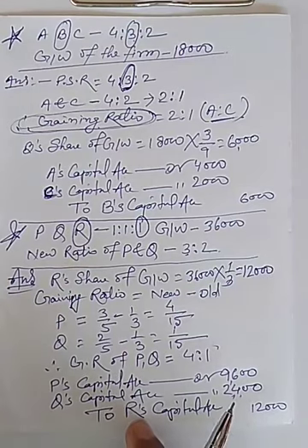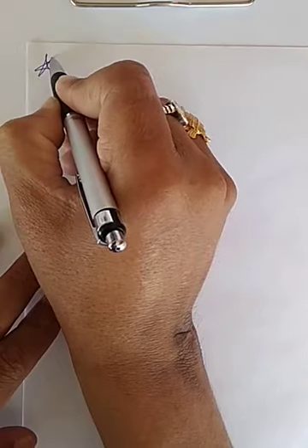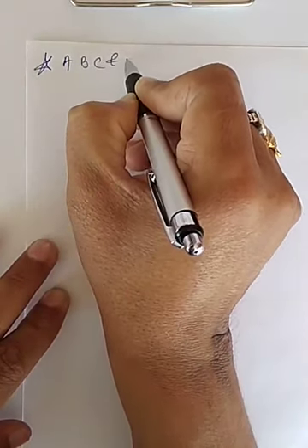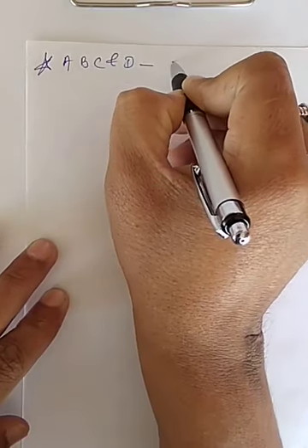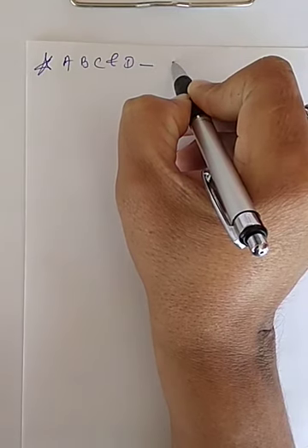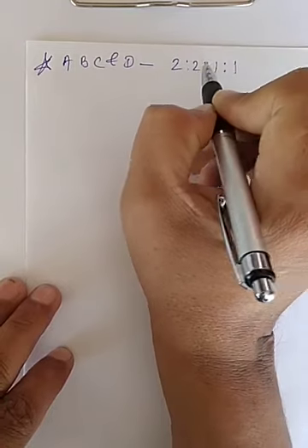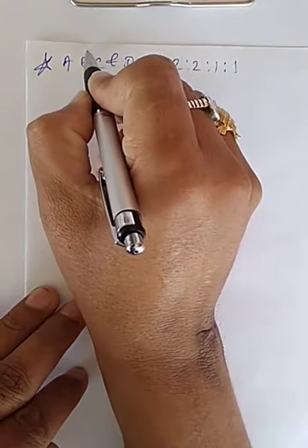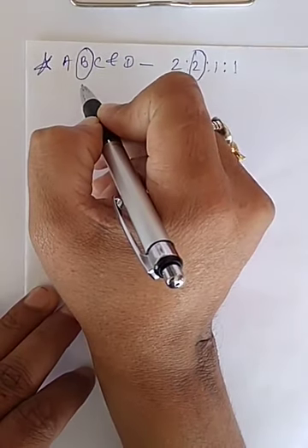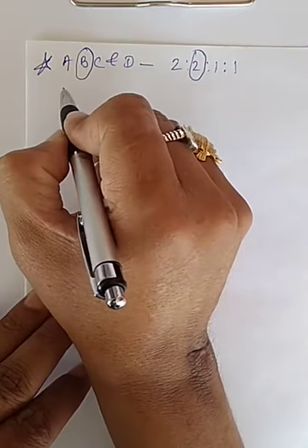Now see some next question also. Suppose A, B, C and D are partners in a firm in the ratio of 2:1:1. B retires from the firm and decided to share profit equally.